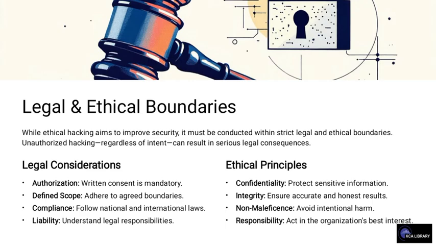When looking at the legal considerations, the first thing is authorization, which is written consent, and it is mandatory. Another is defined scope, the need to adhere to agreed boundaries. Also, another legal consideration is compliance, which is following national and international laws. And the last one is liability, which is understanding legal responsibility.